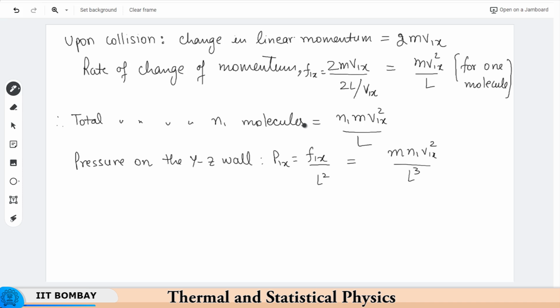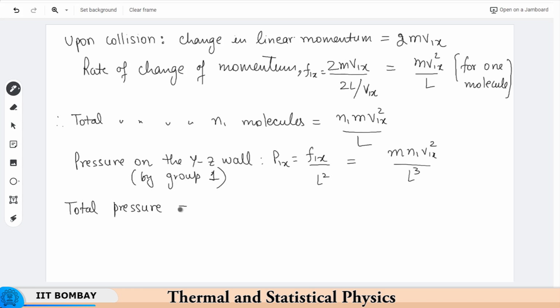So similarly, there will be contributions to this pressure by other groups as well, right. Remember we are only looking at group 1. So what will be the total pressure? The total pressure will be the sum of all these pressures due to all these groups, right.